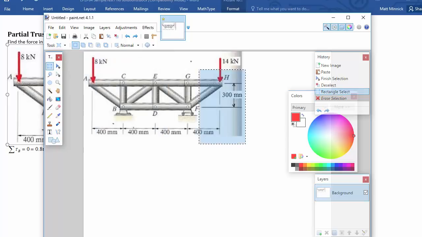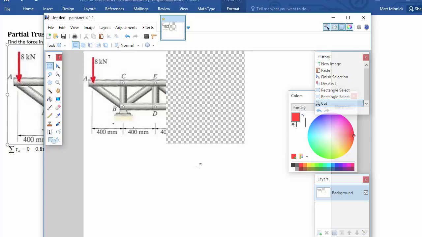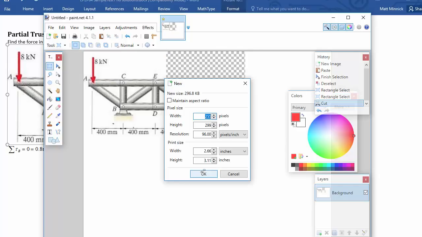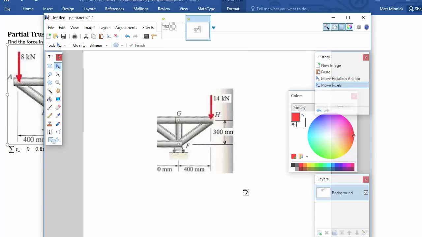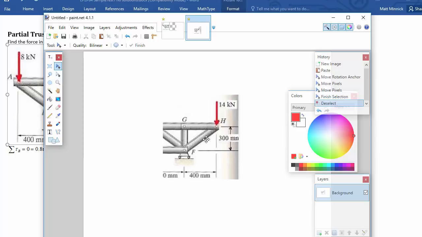Maybe another way to do this is like that. And we'll just get a whole new window. And yeah, now it's on a white background, so we can draw on that a little bit more easily. So what do we need? We've got that this thing by itself is in equilibrium, so we've got the reaction force at F already figured out.